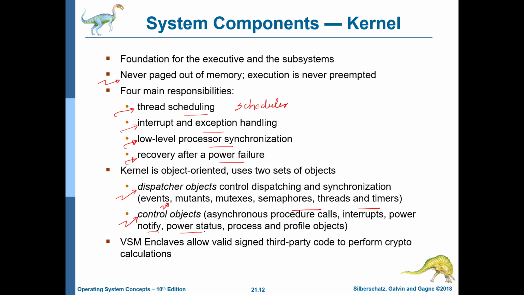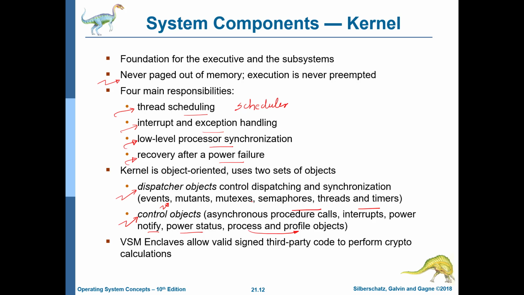Power notify, power status, and process and profile objects. So they are the control objects. This is again kind of a fuzzy boundary. But the key point is synchronization and coordination is dispatcher, because it has everything to do with dispatching tasks. And control objects are control tasks basically, which is everything to do with the way that tasks interact, and interrupts and all of that.